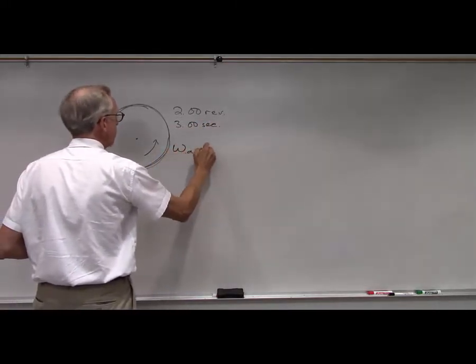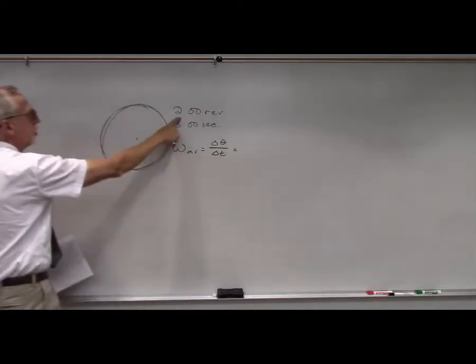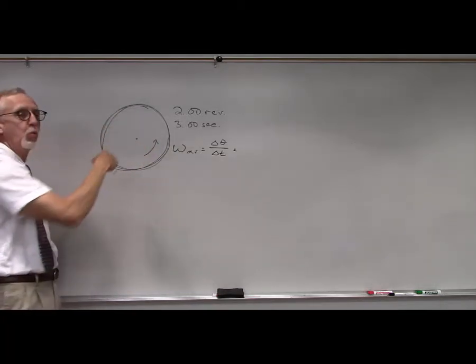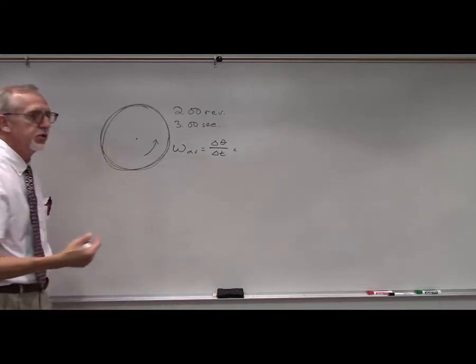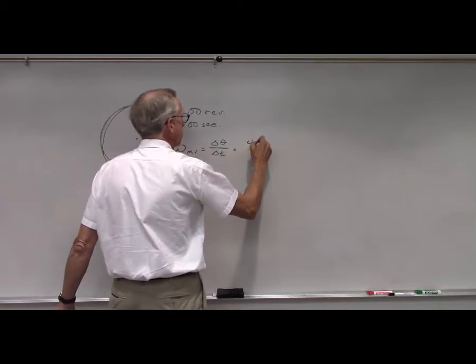So omega average is delta theta over delta t. Well, for 2 complete revolutions, what's delta theta? 1 complete revolution, 1 complete circle, would be 2 pi radians. 2 complete revolutions would be 2 times 2 pi, or 4 pi radians.